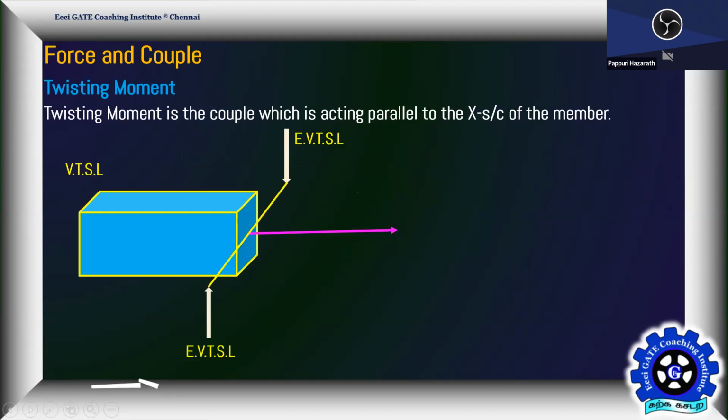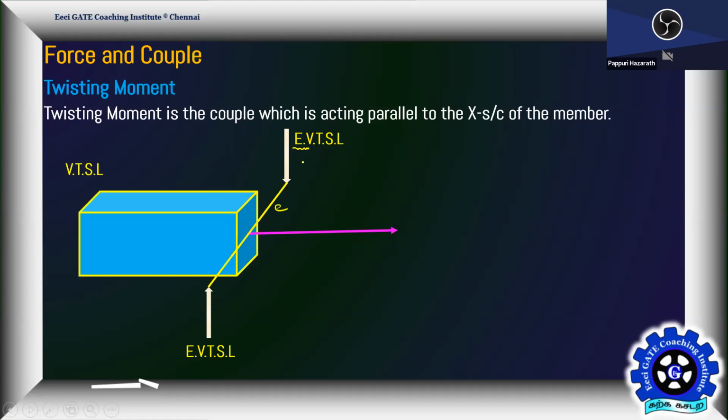Next, twisting moment. Twisting moment is a couple which is acting parallel to the cross section of the member. So this is called eccentric. Some eccentricity is there. If the same load is acting here, you can call it a vertical transverse shear load. Correct or not? So it is acting with some eccentricity, e.